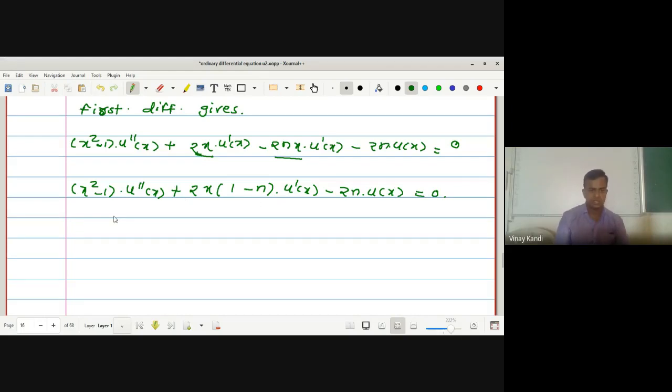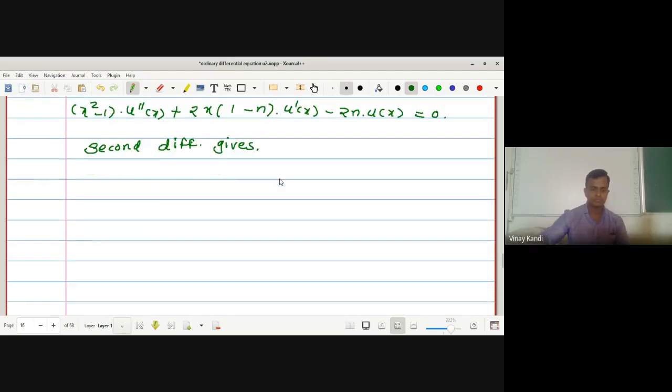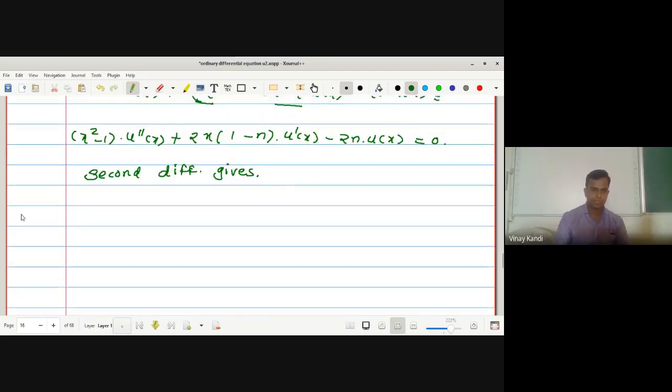Now second differentiate gives, second differentiation gives, again u into v rule, (x square minus 1), this one is as it is, u triple dash of x. Okay, plus this 1 minus n is constant term.